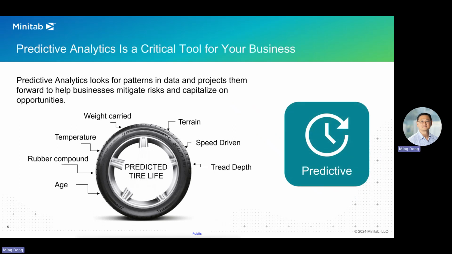For example, if I try to predict the lifespan of a tire, I might collect data such as the age of the tire, rubber compound, temperature, terrain, speed driven, and maybe the weight carried. With all these variables, I can apply an algorithm and predict the lifetime, right?